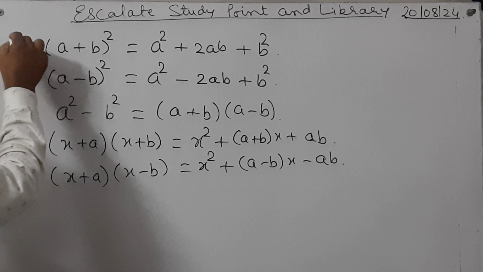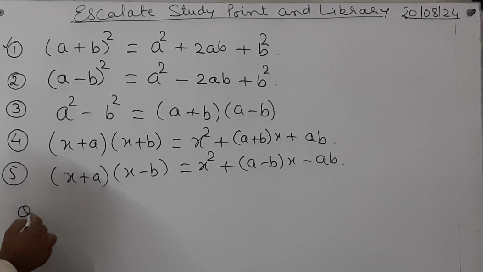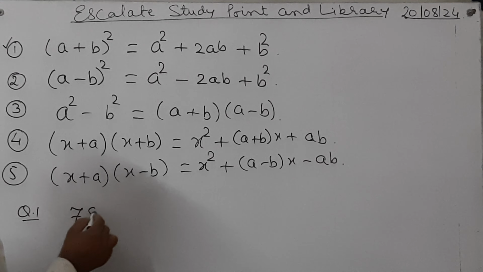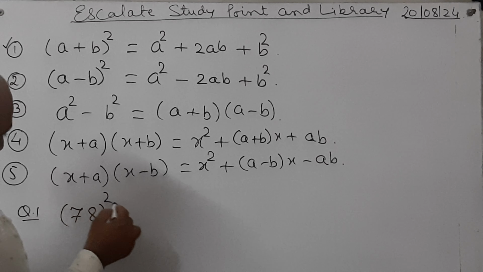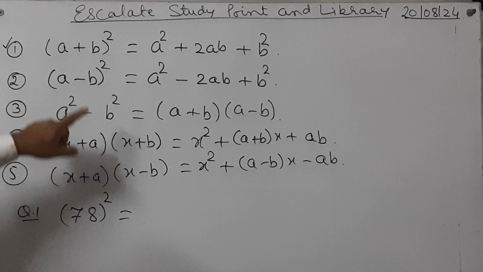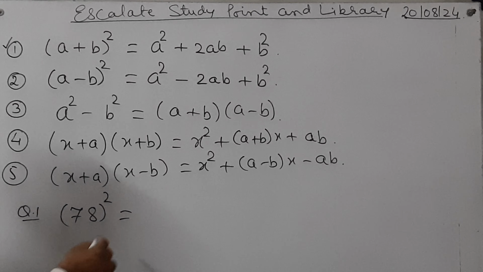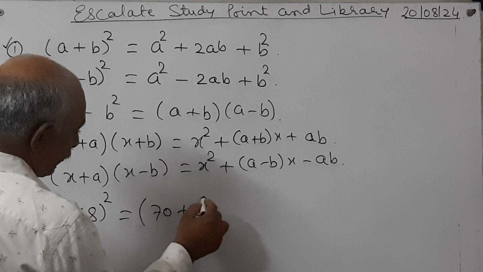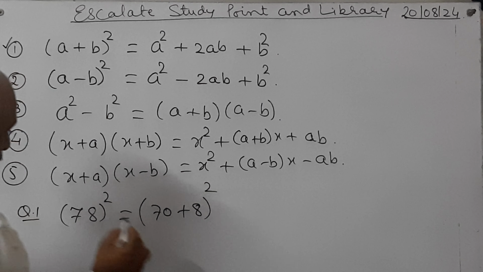Suppose we take the first identity, let us do one question based on that. So we have to find 78 square. We want to use the identity (a plus b) whole square. So we need to express 78 as sum of two numbers, say (70 plus 8) whole square.